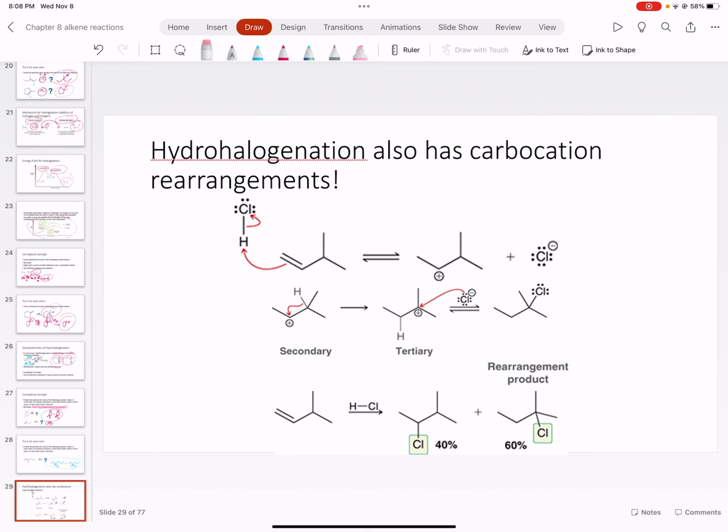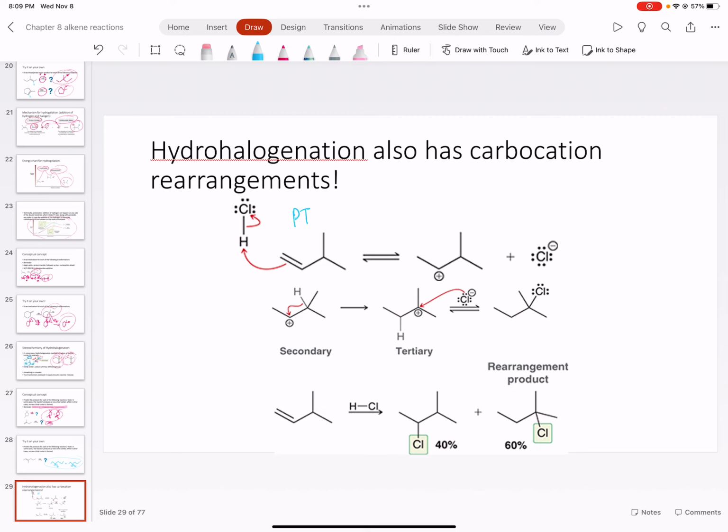Okay, so there's the mechanism for hydrohalogenations. Hydrohalogenations also have carbocation rearrangements, so it is possible to do carbocation rearrangements for these ones. So it's technically kind of the same. You can see we begin with our proton transfer. We put our hydrogen on the most substituted.